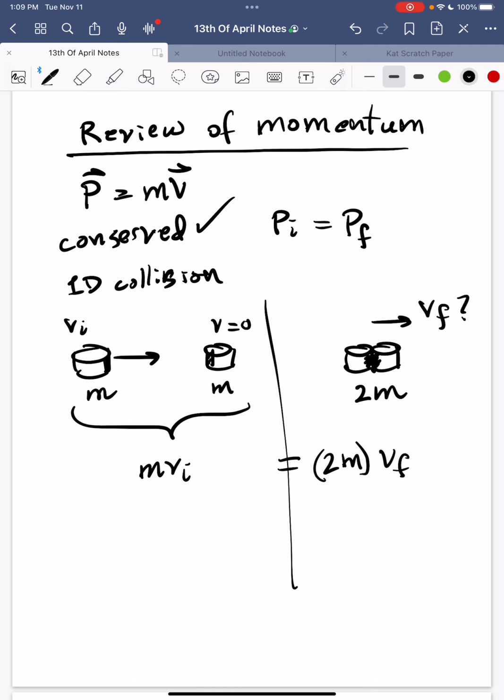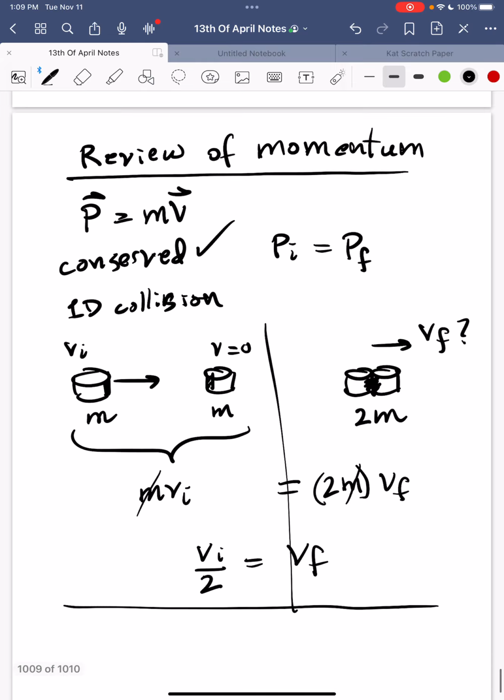So I set these guys equal to each other because the initial momentum equals the final. I can cancel out m's, and I get the initial velocity, whatever it was, divided by 2 is going to equal the final velocity. So when these two guys collide, what happens is basically it ends up going half the speed that the original puck, the solo puck on the left, was traveling. So that's a useful type of example of a one-dimensional collision.